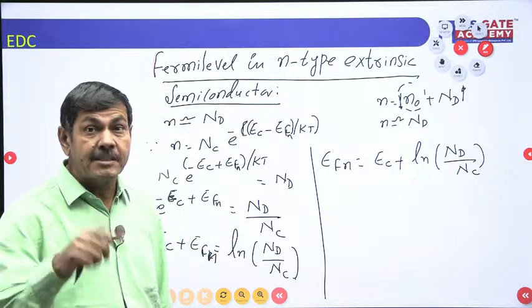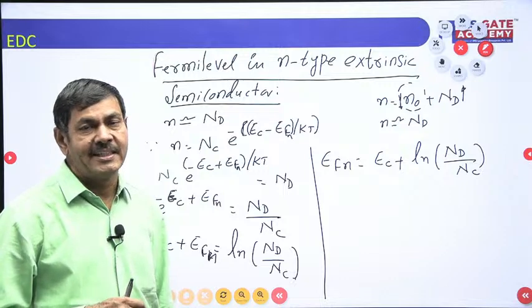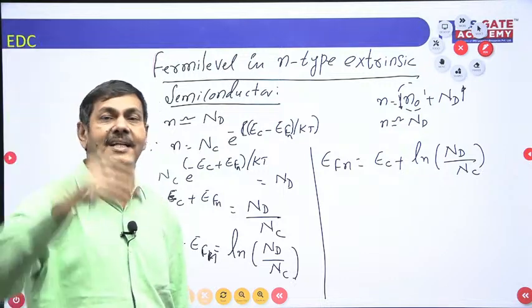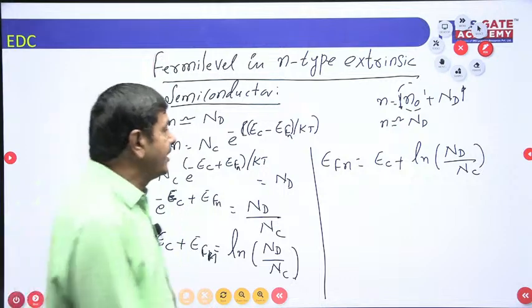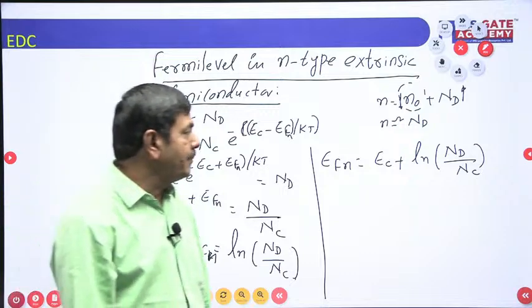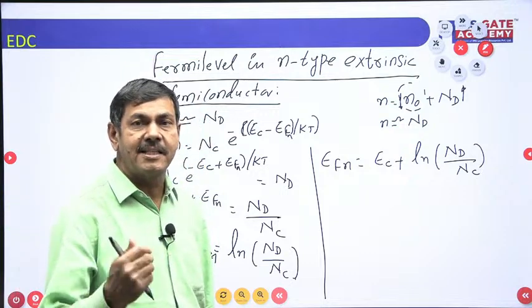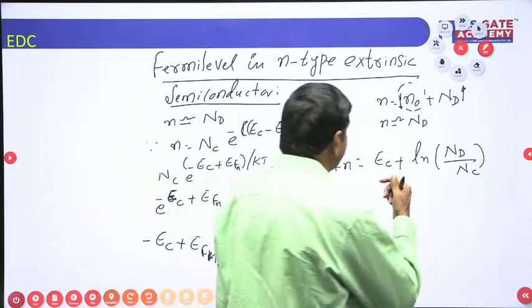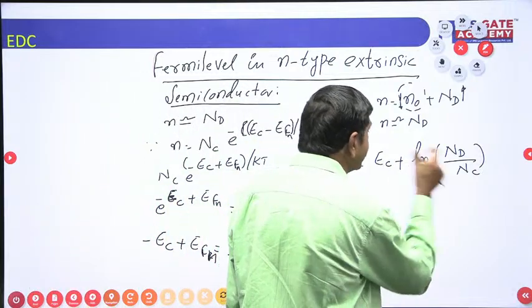If doping is made more, at the time Fermi level in n-type extrinsic semiconductor is going to cross the conduction band energy, the EC level, it can cross only now. But generally in practical application EFN lies just below the EC level only now. If you want to get below the EC level, EC minus something is required now.